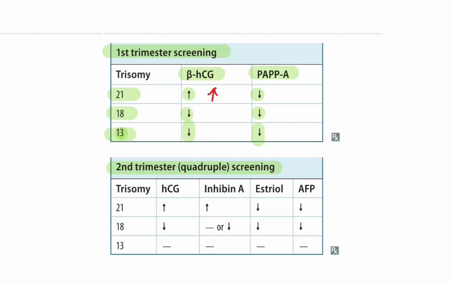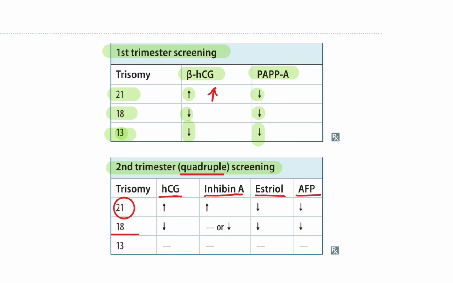In second trimester or quadruple screening, we test hCG, inhibin A, estriol and AFP. In Down syndrome, hCG level is increased, inhibin is increased, estriol is decreased, AFP is decreased. So we can assume they have Down syndrome or trisomy 21.